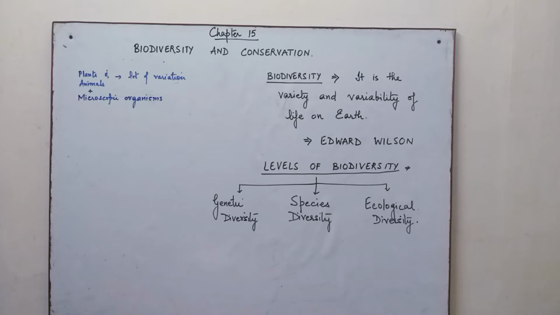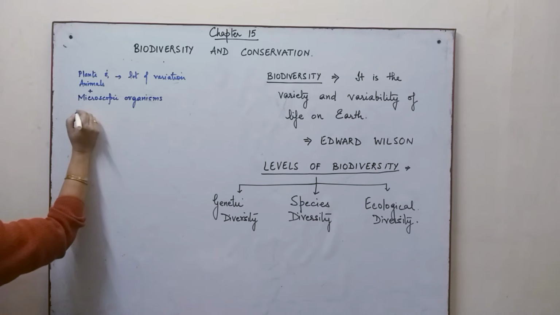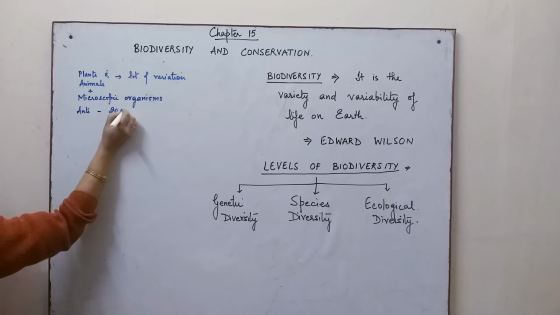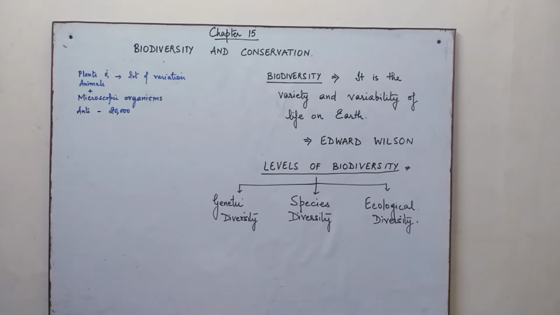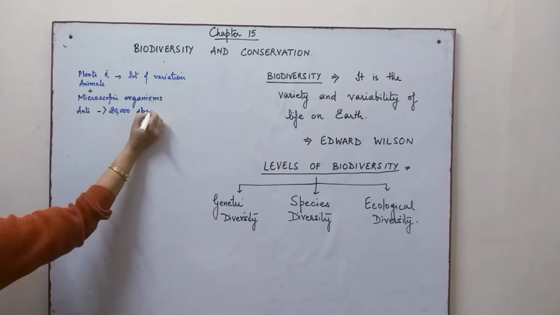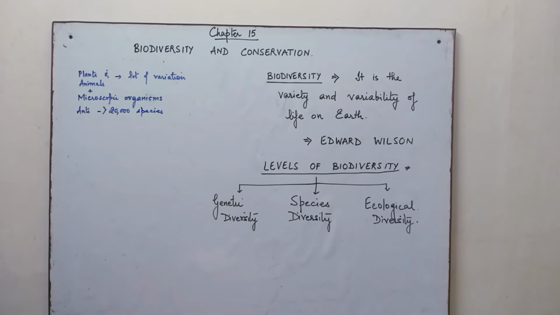So if we talk of a single group, let's say ants, it is expected that there are nearly 20,000. We are still not able to identify all the species, but it is expected that there are more than 20,000 species of ants only. 3 lakh species of beetles, nearly 28,000 species of fishes.